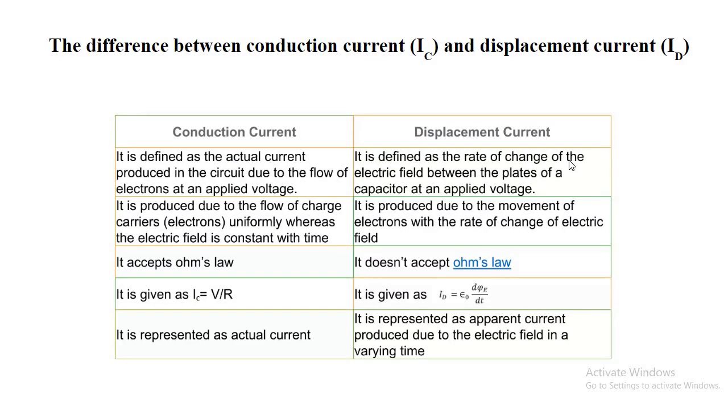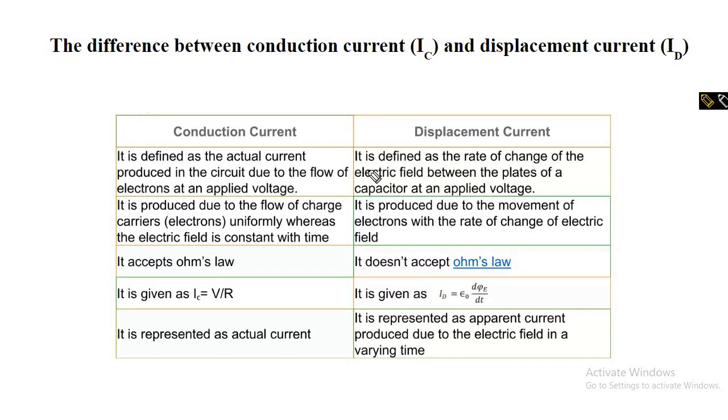Now the last part of this is a simple comparison or difference between conduction current and displacement current. The most important part is conduction current is because of the flow of electrons. Remember this, flow of electrons because of the applied field. Now here in this case is the displacement current. This is the rate of change of electric field. How will this change?